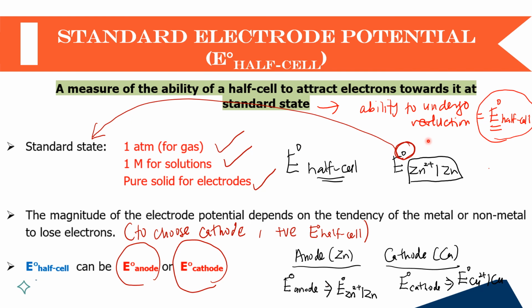The easier it is to undergo reduction, the more positive the E0 half cell value. The more positive one we choose as the cathode, and the less positive one becomes the anode.